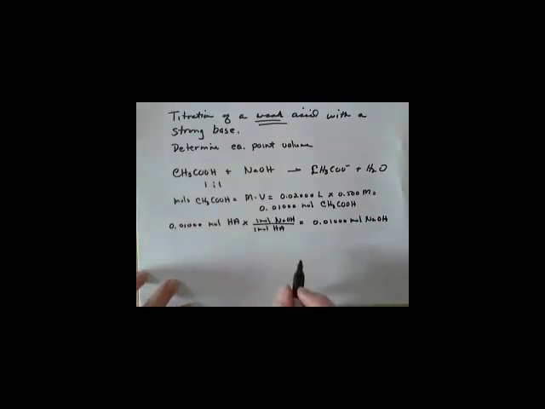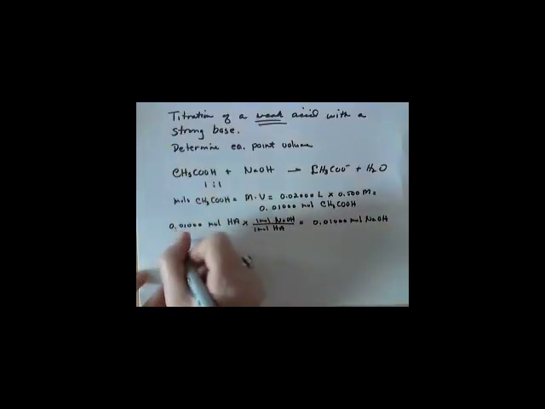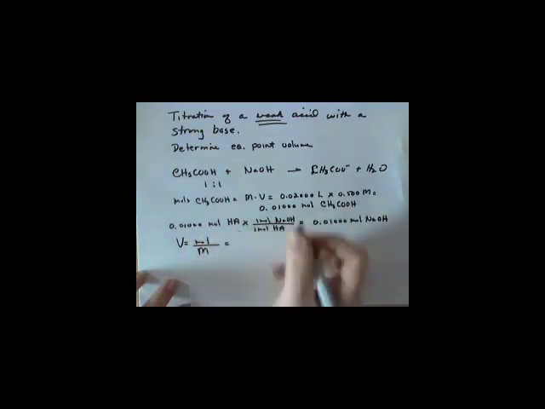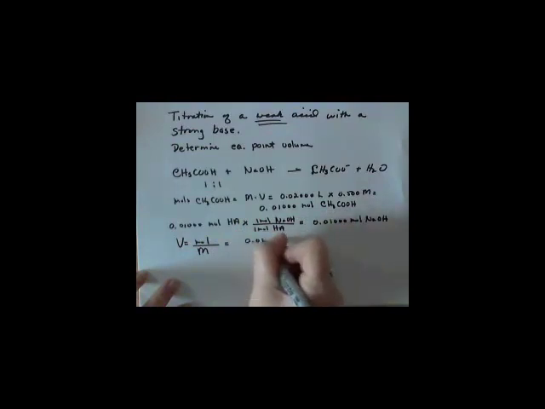So now I can determine the volume of sodium hydroxide needed. The volume is just going to be the number of moles over the molarity of the sodium hydroxide. So that's going to be 0.01 moles over 0.5 molar.